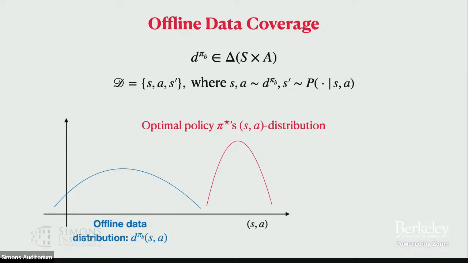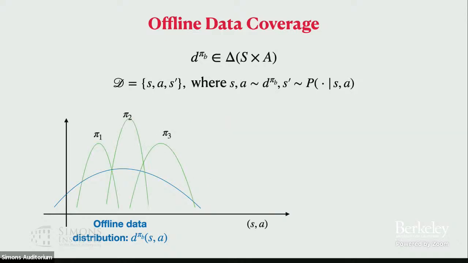In the worst case, my globally optimal policy pi star's distribution might be somewhere here, which does not overlap with the offline distribution at all. So there seems very little hope that we can aim to find this global optimal policy pi star. After all, we don't have any data on the part of the state space where the optimal policy is going to visit, so we really don't know what's going to happen in those regions.